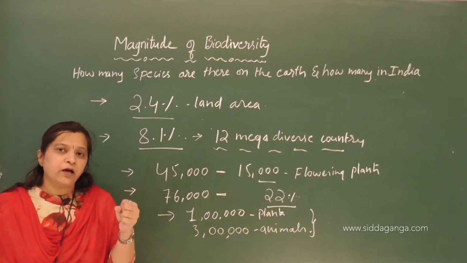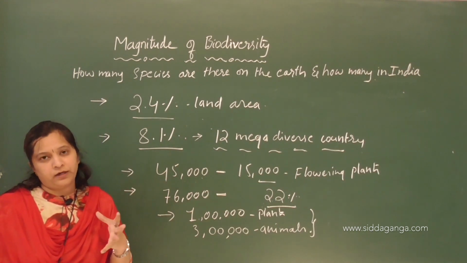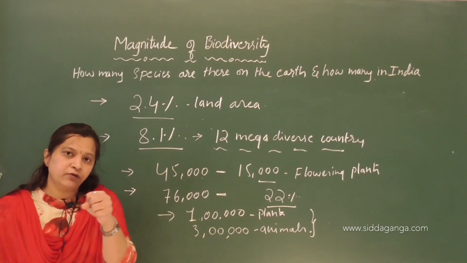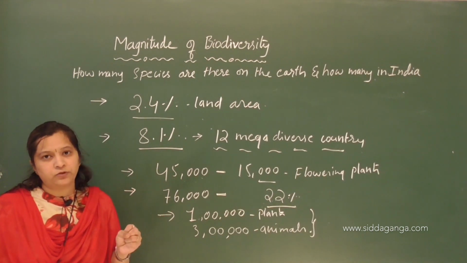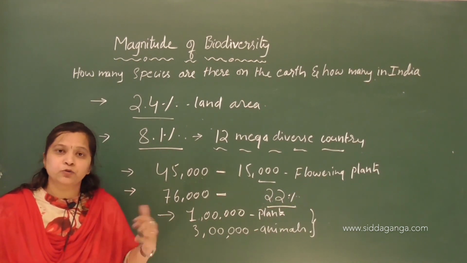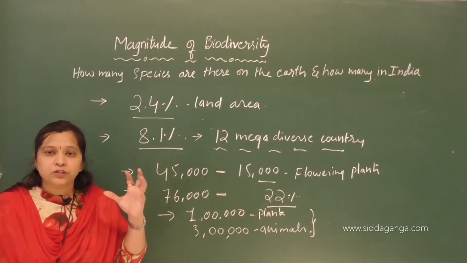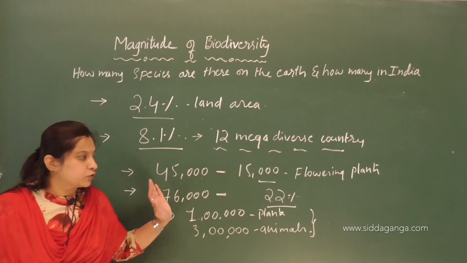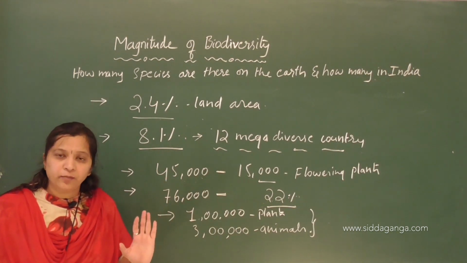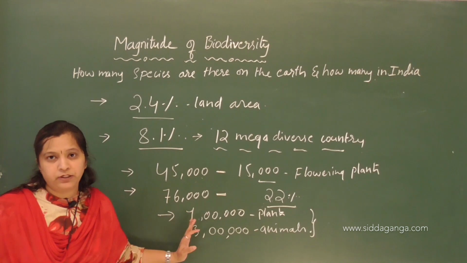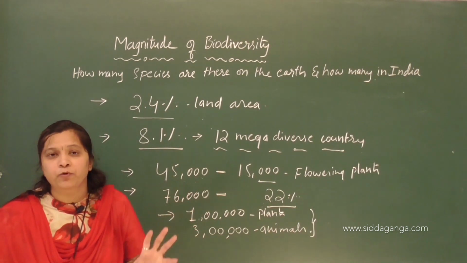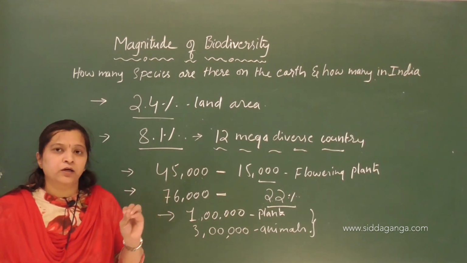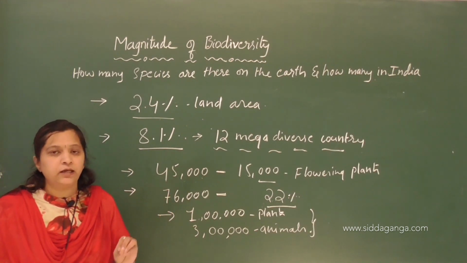Suppose if we use such biochemical and molecular criteria in the identification of microorganisms, their number may also run up to 1 million. So such a vast diversity is present in India. Understood? So they have given only the figure of plants and animal species, but not of prokaryotic organisms. Okay, so this is the biodiversity in India.